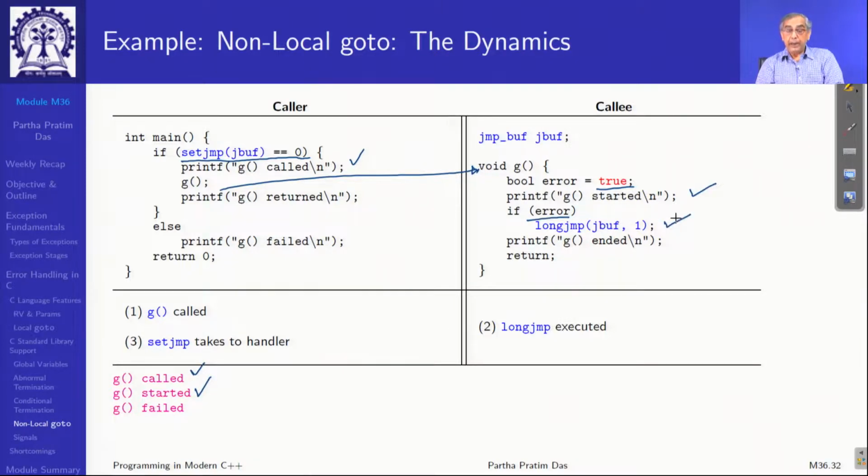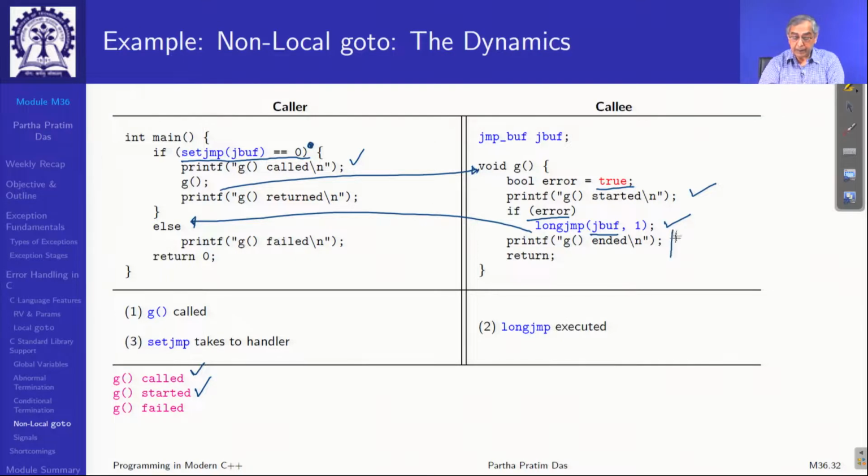What does it do? In the long jump, it uses the environment from the buffer and goes back to that same point, but with a non-zero value. So, it goes back to this context of set jump with 1, which means that the else will now get executed.